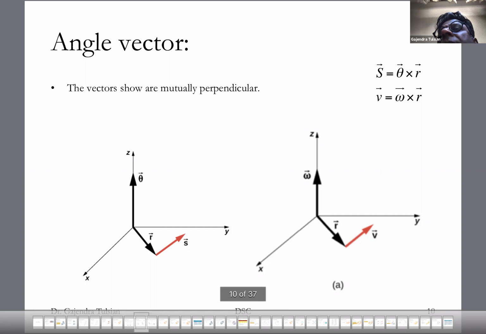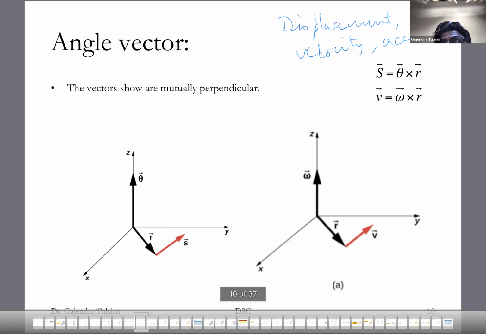The thing is, displacement, velocity, and acceleration are vectors. Okay, and vectors, of course, have direction associated with them.